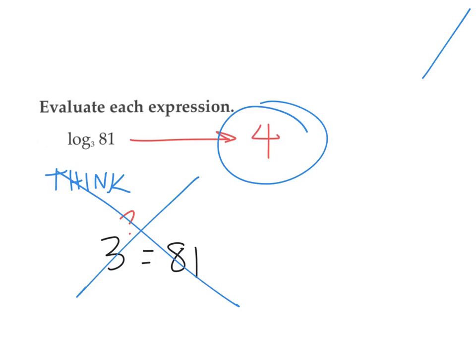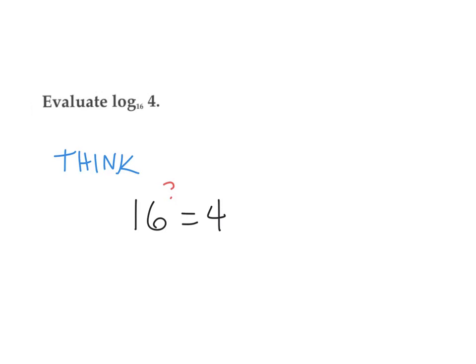Okay, let's look at one more example. I'll make this bigger too. Log base 16 of 4. So again, you can think, 16 to what power equals 4? How do I take 16 and get it down to 4?